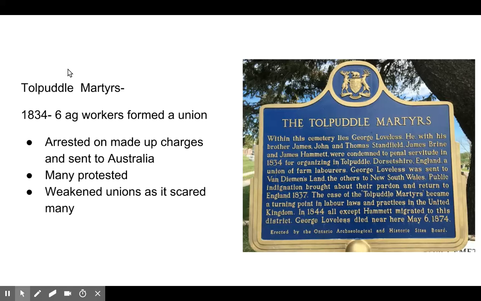And they were arrested on basically made-up charges, and they were condemned to penal servitude in Australia. Many protested. This is what happened to them. As it says on the sign to the right, it became a turning point in labor laws and practices. But it did actually weaken unions because it scared people: hey, we don't want to be sent to Australia. That was like the Wild West back then.